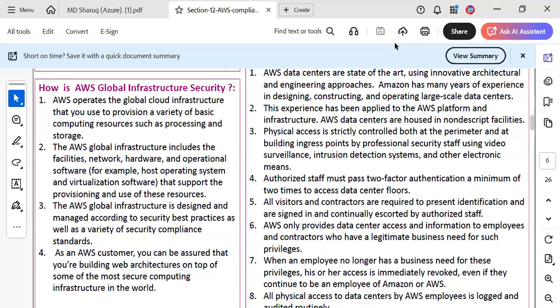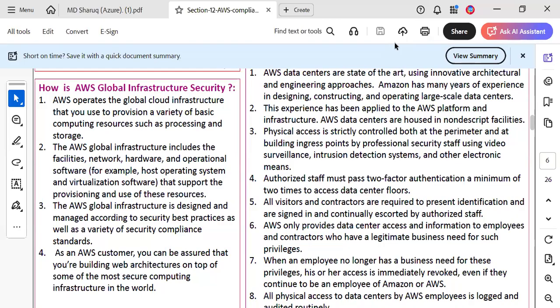It is just like when you want to go to a bank locker, they accompany you to the locker. Once you take your items, you lock it and go out with the banker. The same way, AWS only provides data center access and information to employees and contractors who have a legitimate business need for such privilege. On a need basis only, they are accessing it.